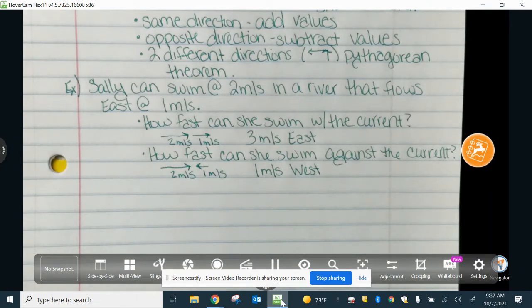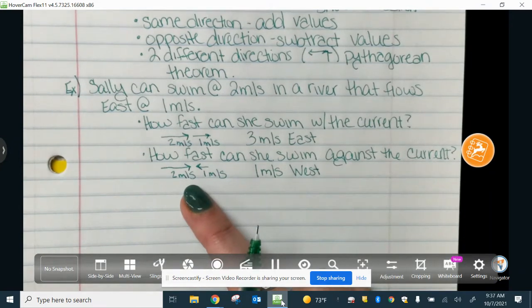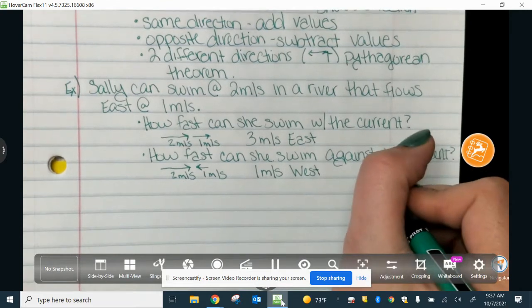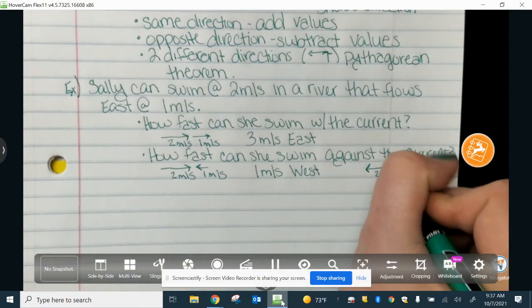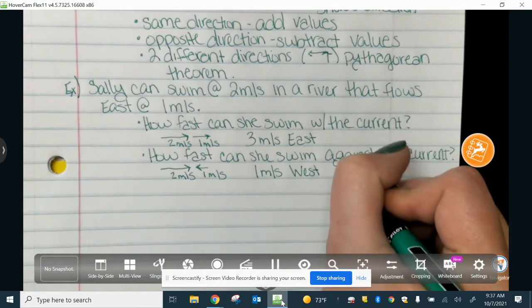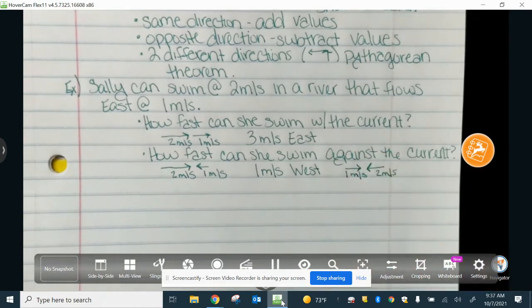She's got to be swimming west. Now, this isn't technically the way you would want to draw this. You'd really want it more like that. That actually would show the direction.